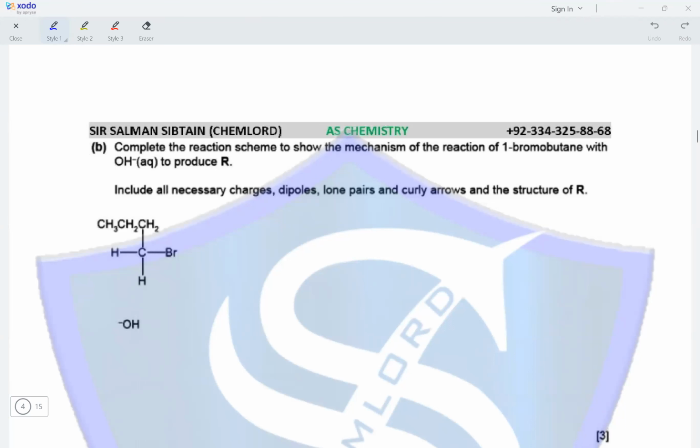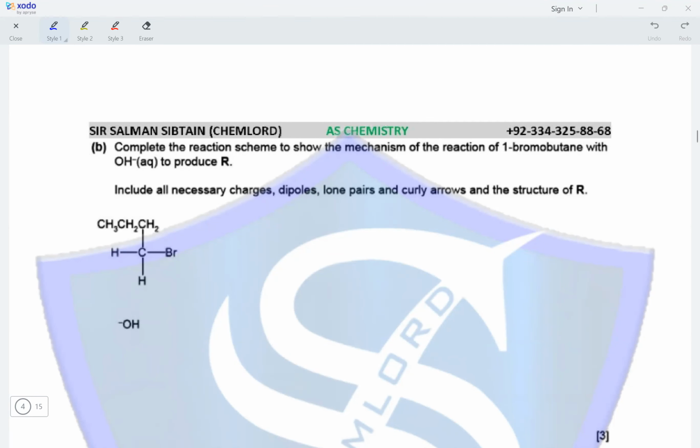Complete the reaction scheme to show the mechanism of the reaction of 1-bromobutane with NaOH to produce R. So we have the production of an alcohol from a halogenoalkane. So here we have a primary halogenoalkane. A primary halogenoalkane would undergo the SN2 reaction mechanism.